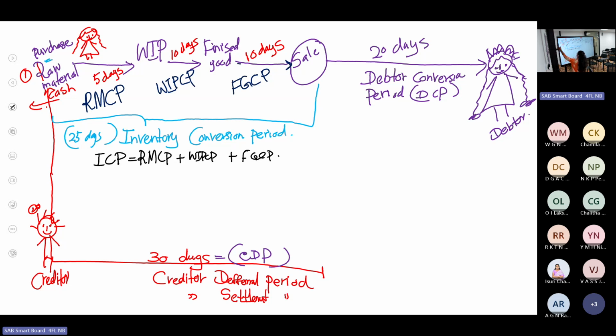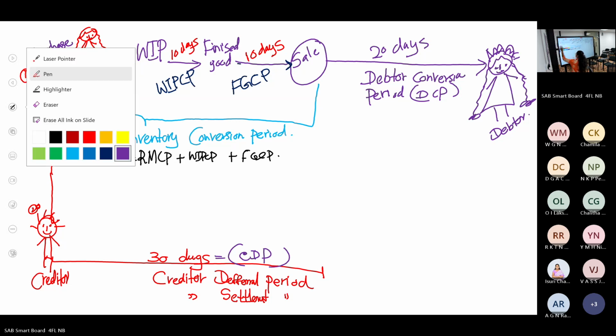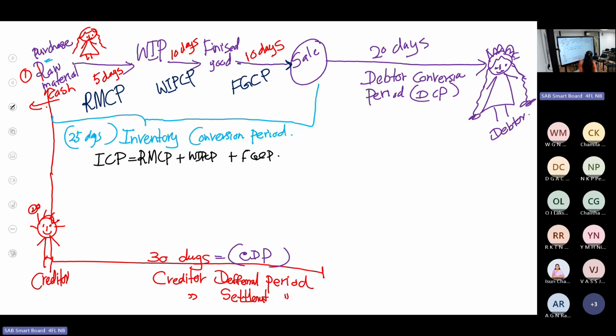Now my question is, did the particular creditor wait until the cash was collected to settle his balance? No. So we can't always mark it there, right?